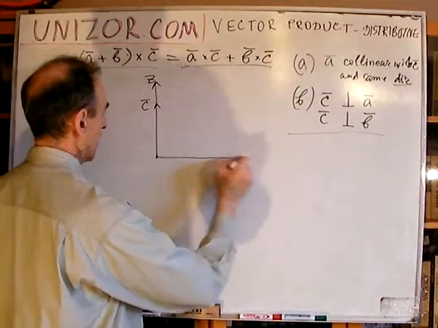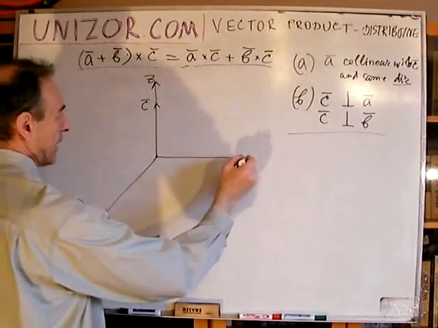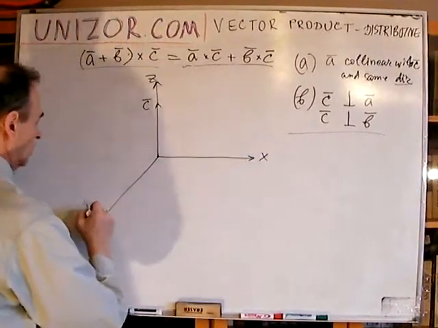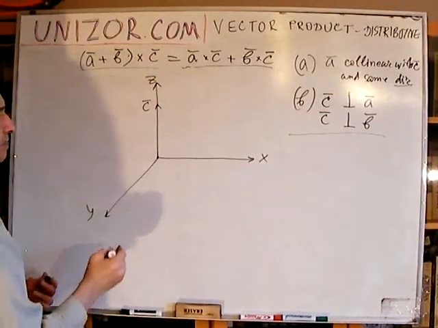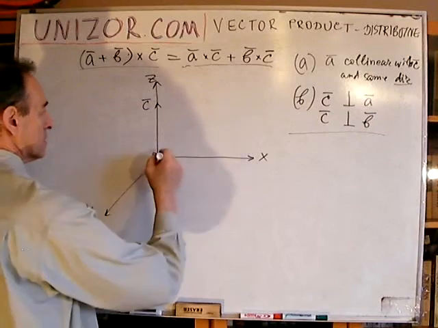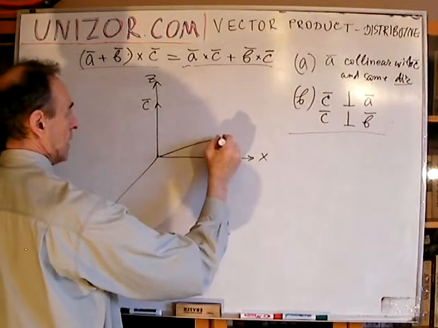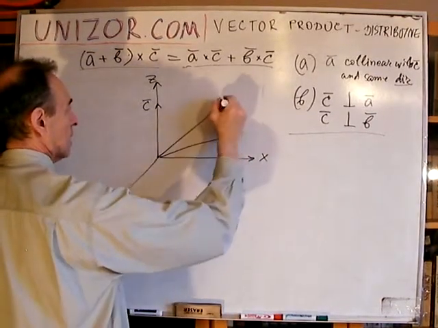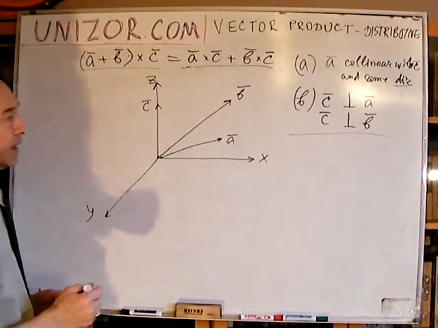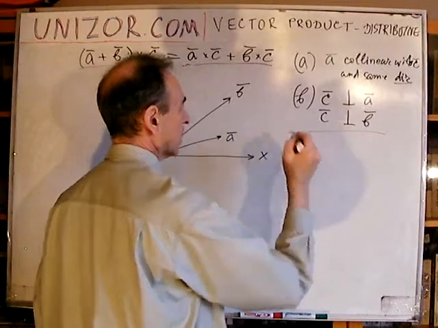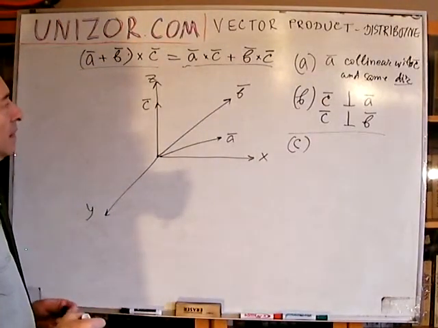Now, x and y I will put somehow, doesn't really matter how, but obviously xy plane should be perpendicular to c. Now, my two vectors, A and B, are somewhere in the space, doesn't matter where.